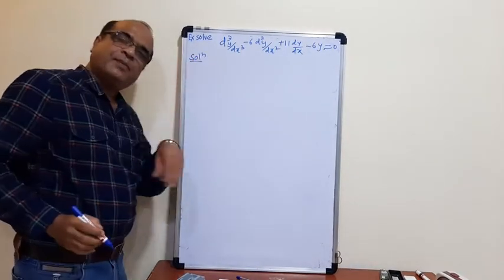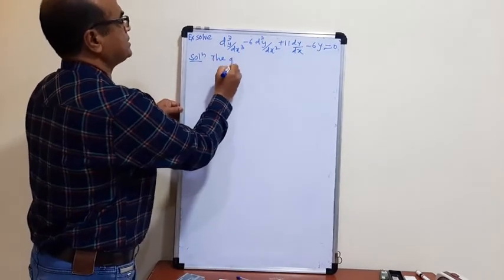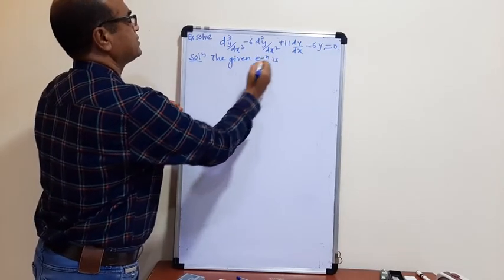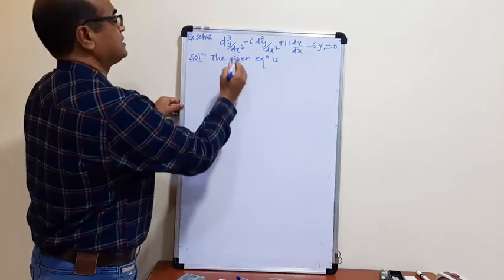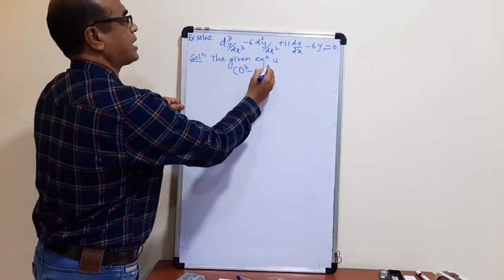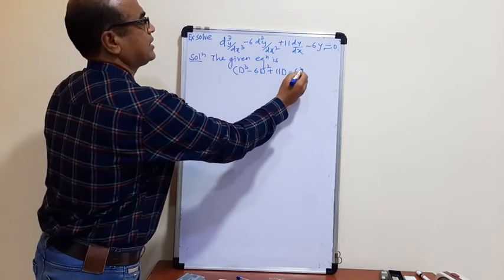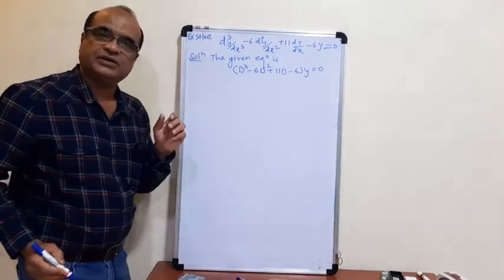What is the solution? Using the operator D, the given equation can be written as d cube minus 6d square plus 11d minus 6, into y, is equal to 0.